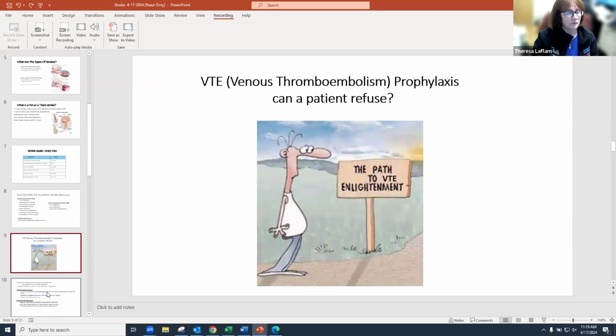Then we say VTE enlightenment. This is something that when we're teaching the patient about that one measure, are our patients allowed to refuse it? Well, the answer we say, of course they are. Our patients are allowed to refuse any treatment, but we would just have to document it. So that's one of the acceptable reasons if the patient maybe didn't want to put those boots on that I was talking about because they said that it was annoying them or it bothered them.